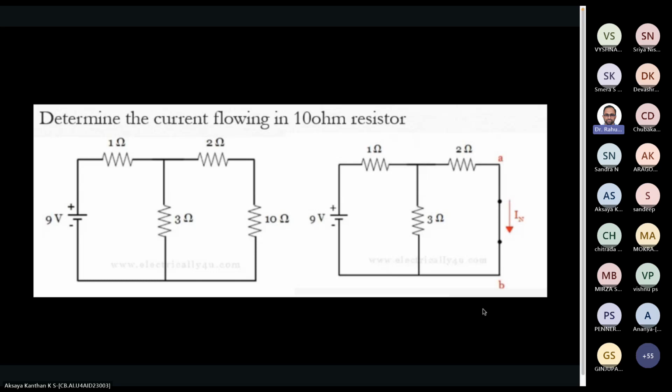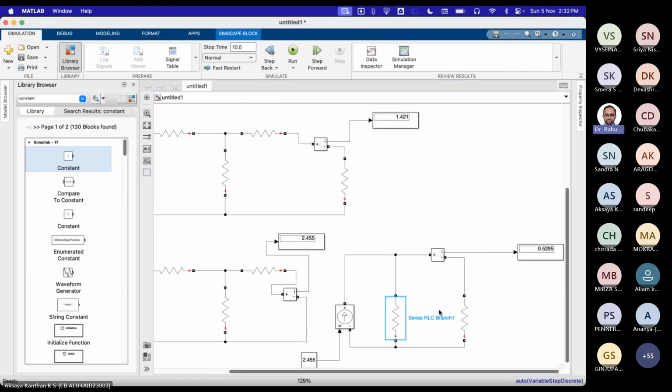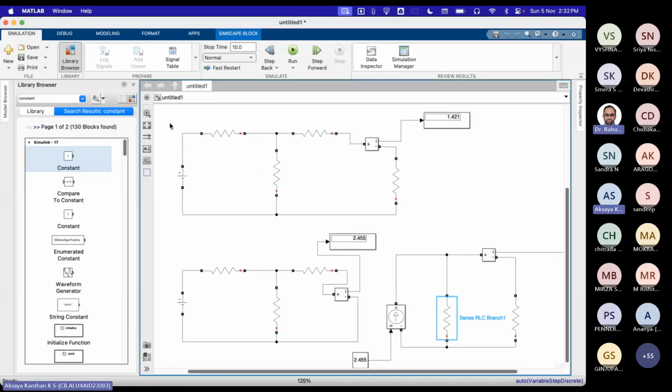Akshay, can you take the Simulink? Yes, sir. Can you scroll to the left once? Yeah, so the first main thing Akshaya has done is the terminal voltage of 9 volt, and the three resistances are plotted.